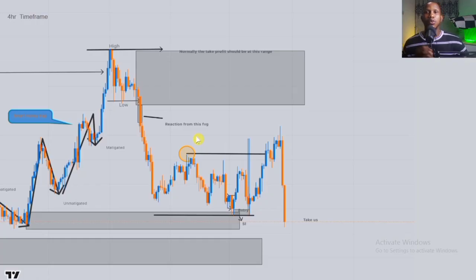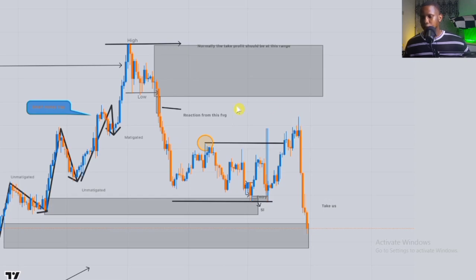Can you see how I know almost every place markets will react from, and still I don't even trade it? That is to tell you that you don't make money by catching every single move. This is what I teach in my academy: how to know the right setups to trade.